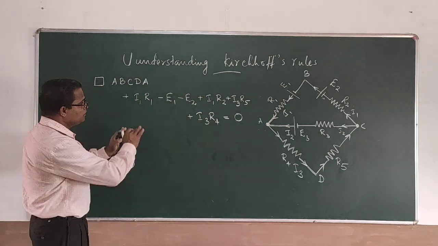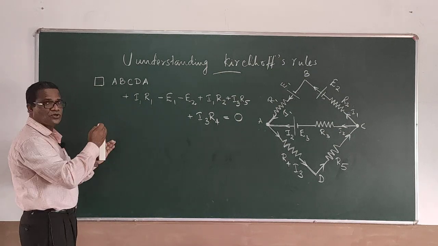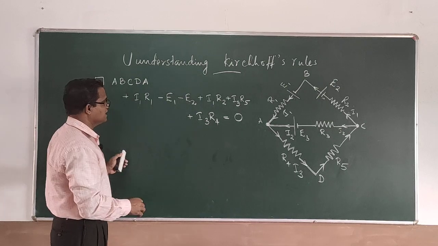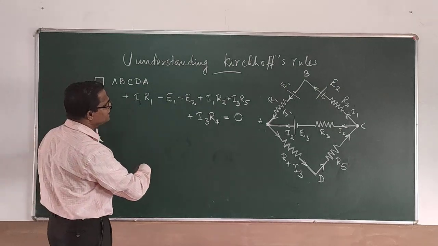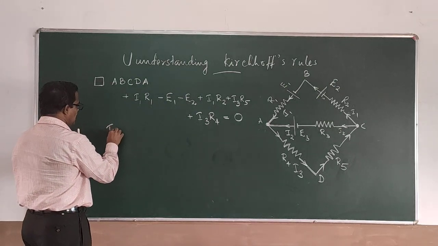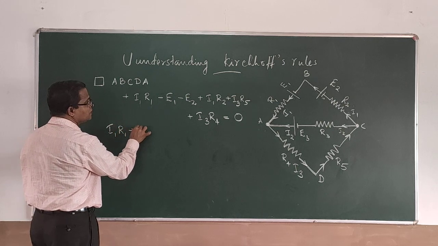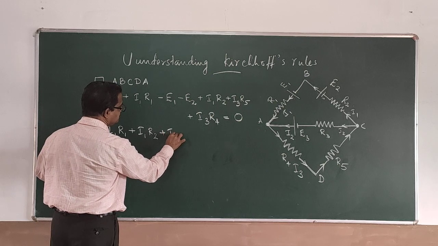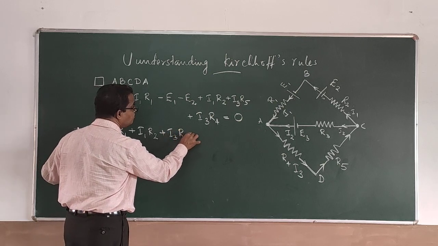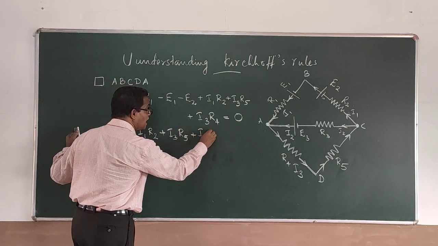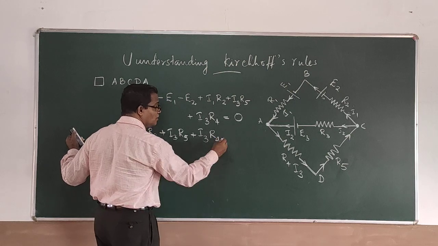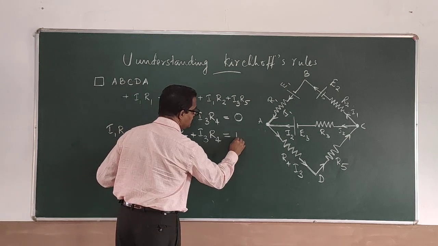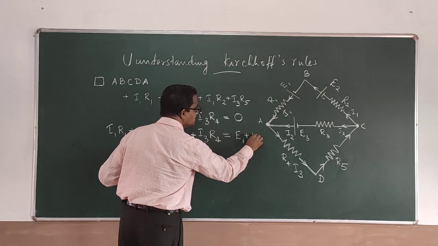Okay. Now you can take the I into R on one side and the EMF on the other side. So when I take it like that, I1 R1 plus I1 R2 plus I3 R5 plus I3 R4 will be equal to the other side, E1 plus E2.